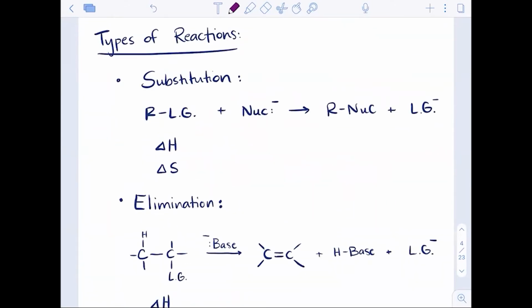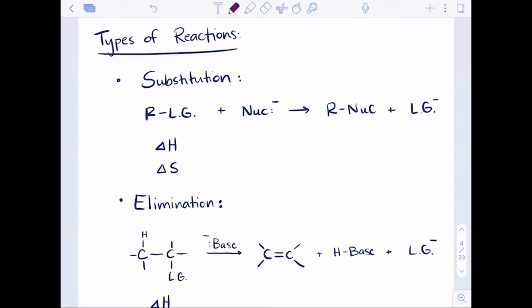Types of reactions. We've seen substitution and elimination before. We're just going to go through some basic thermodynamics before we get into our actual addition reactions. I like stepping back and seeing the three types of reactions that we have: substitution, elimination, and addition. All of our reactions will fit into one of those three categories.